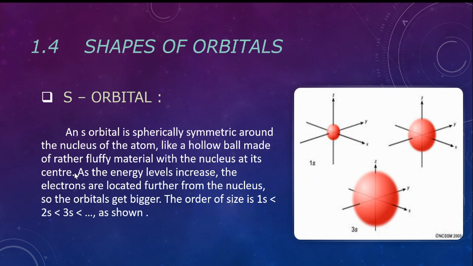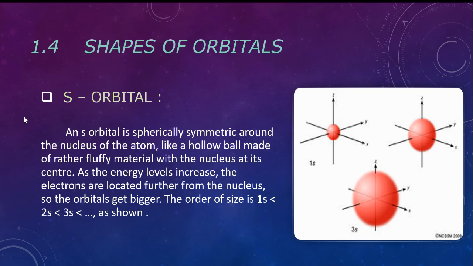The shapes of the orbitals. Let us start with the first one, the s orbital. Here it is visible that the s orbital is spherical in shape. That means it is non-directional. Because it is spherical, it is non-directional and spherically symmetric around the nucleus of the atom, like a hollow ball made of rather fluffy material with the nucleus at its center.